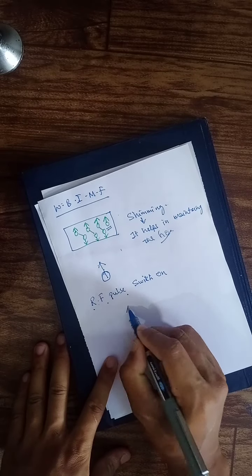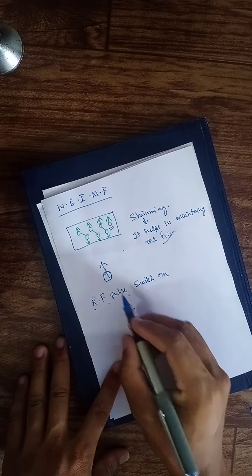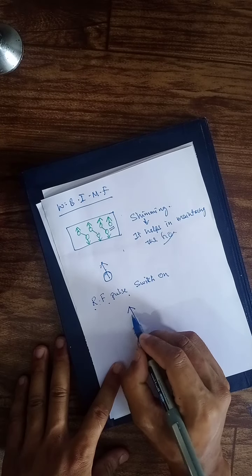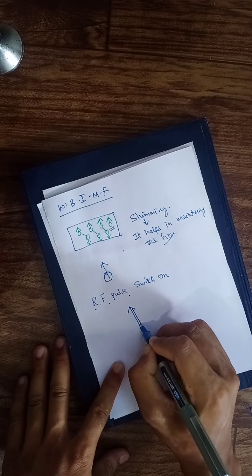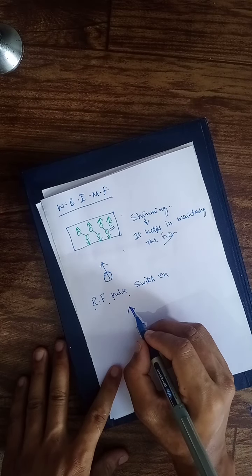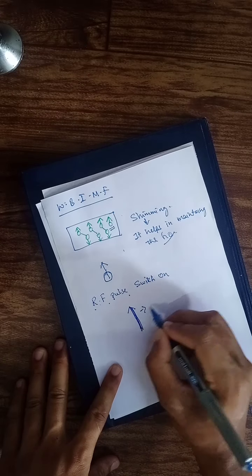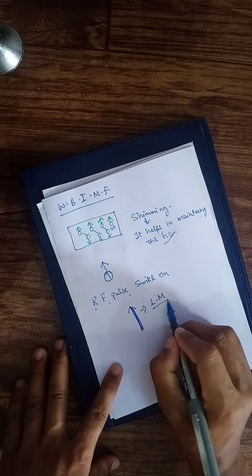The moment it goes inside the body, I'll draw only the arrow so that it will be easy for you to understand. This direction is showing full magnetization. Right now it's in the parallel direction, so this is also known as longitudinal magnetization, LM.